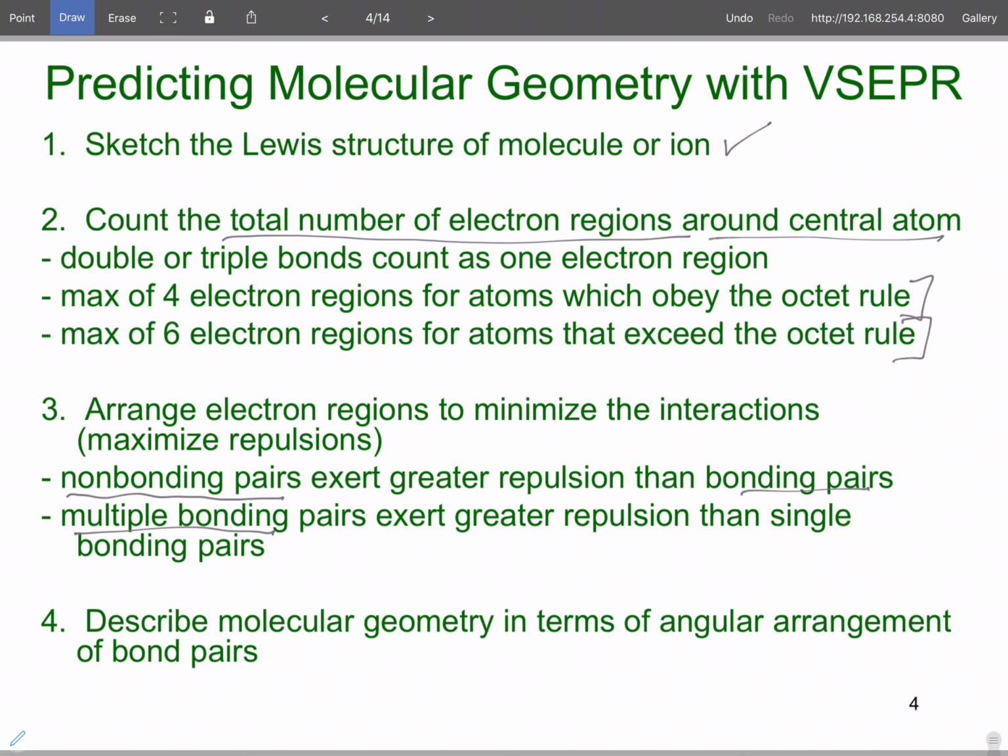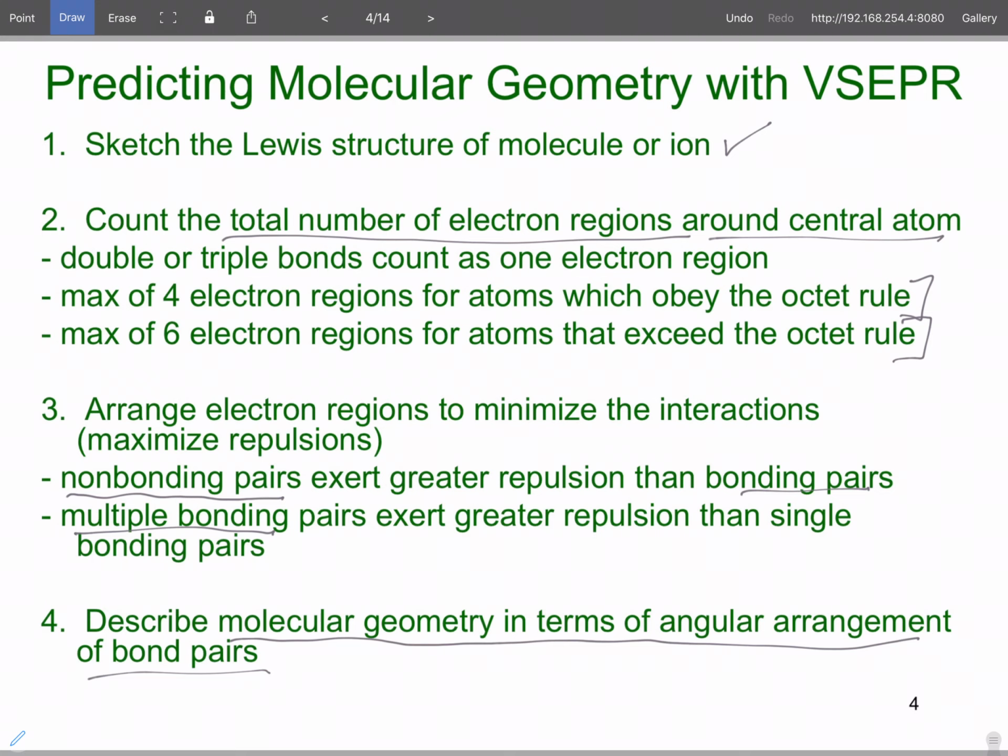Double bonds will have 2 sets of electrons within the region, so they're going to push more than single bonds, less than non-bonding pairs. And then triple bonds will push more than doubles. But the problem is triple bonds tend to involve linear. You can't get any farther away from each other than 180. And so you're going to describe the molecular geometry in terms of the angular arrangement of the bond pairs.